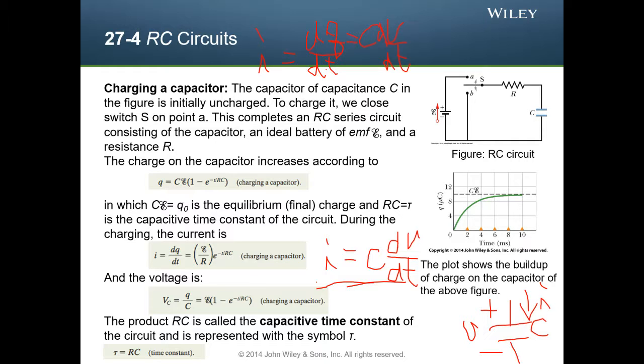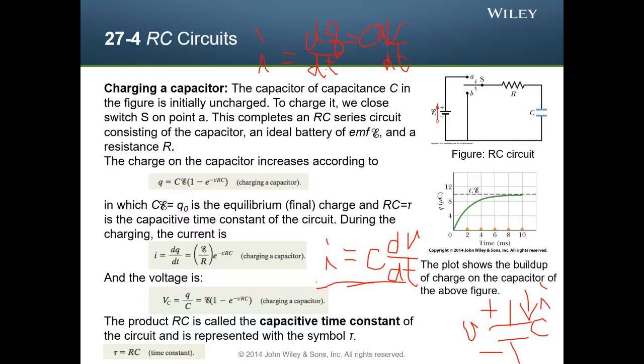So an RC circuit is something like this. The most fundamental RC circuit can be something like this: the R in series with a capacitor, and you have a voltage source here.